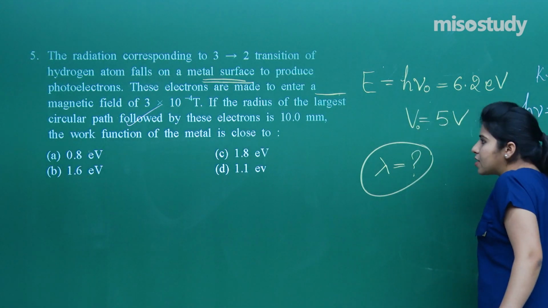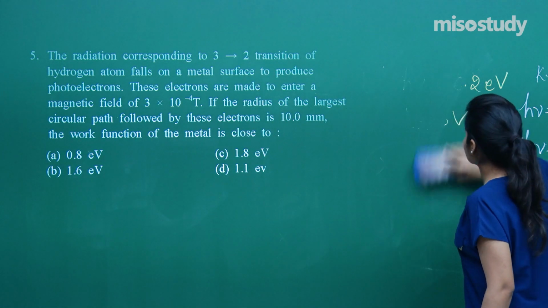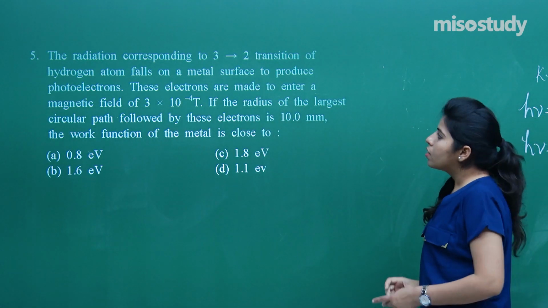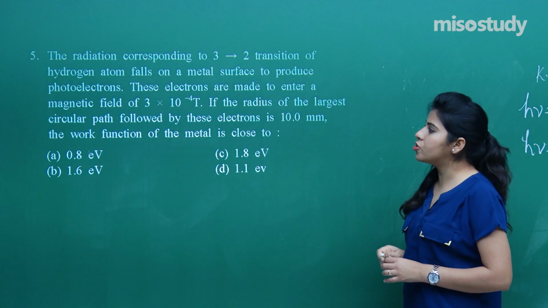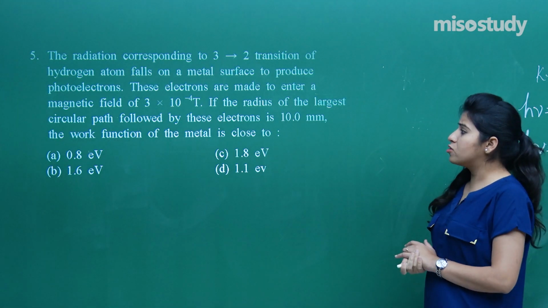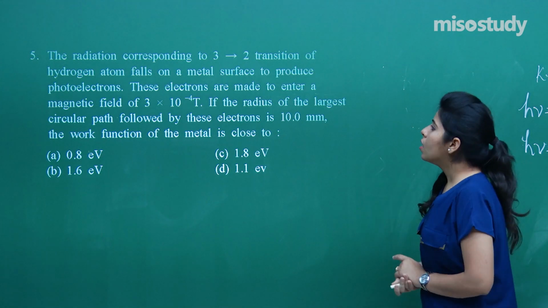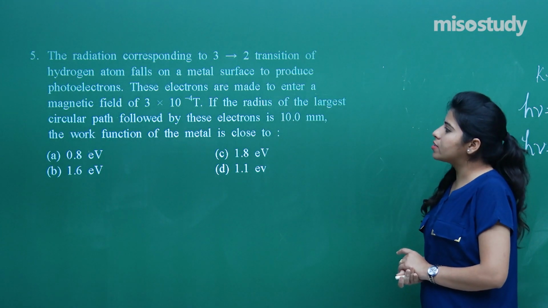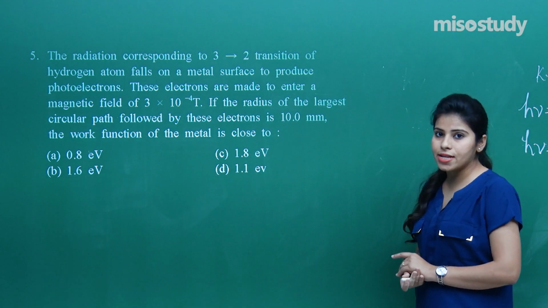And the next question says that the radiation corresponding to 3 to 2 transition of hydrogen atom falls on a metal surface to produce photoelectrons. And these electrons are made to enter a magnetic field of 3 into 10 raised to the power minus 4 Tesla.